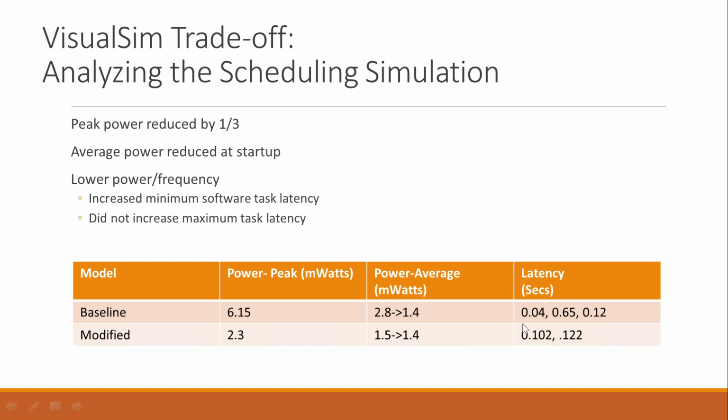The latency has increased a little bit. It was like 0.12 and we had 0.1. I'm sorry, this is 0.065, not 0.65. This is 0.12. Notice I got up to 0.122. So there is a slight increase in the latency as well.